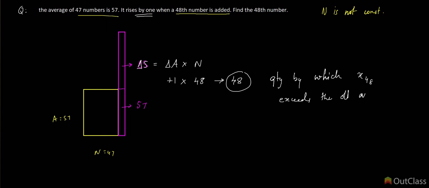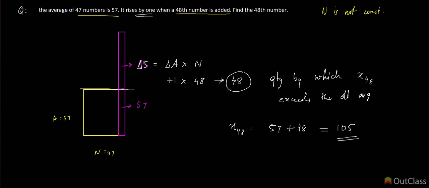That is the way you want to look at it. The height of the last block above the old average, that is 48. So that basically means my 48th observation is 48 more than 57, which gives me 105, which is the same answer we got last time.